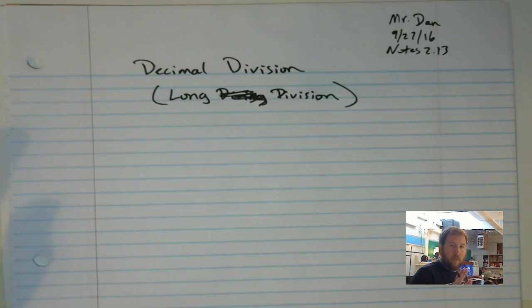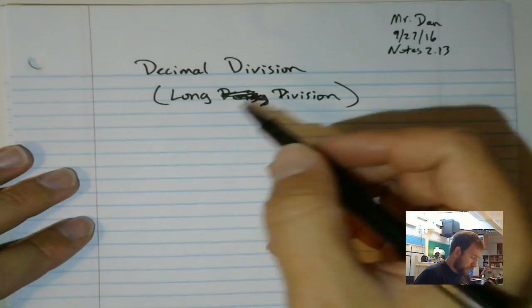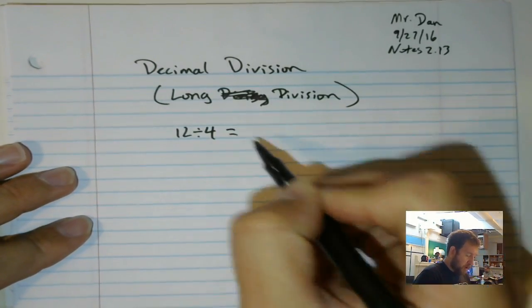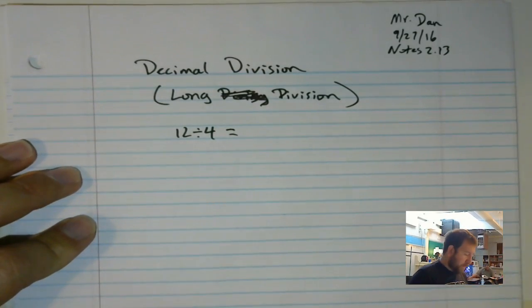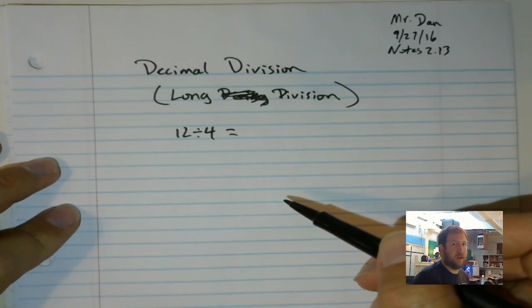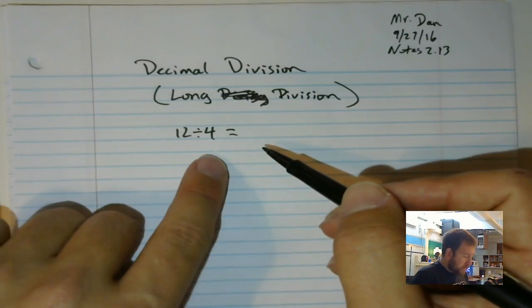Okay, when we are setting up our long division, this is kind of what it looks like. So say I'm going to have 12 divided by 4 equals, right? Okay, so the different parts of this problem have different names, just like products and sums and addends. When we're looking at division in particular, it has names for everything.